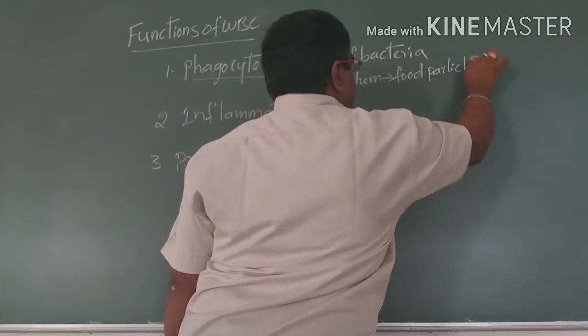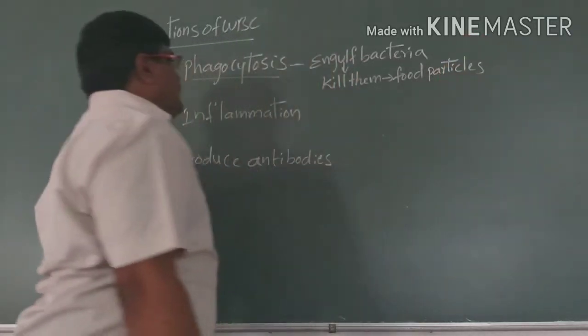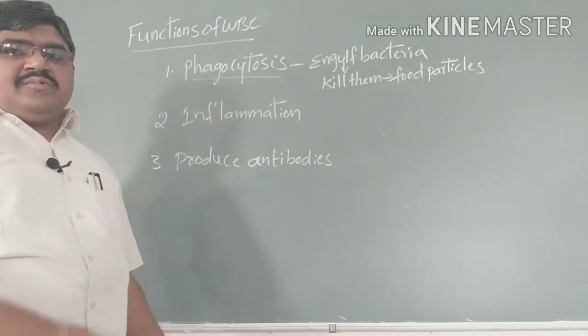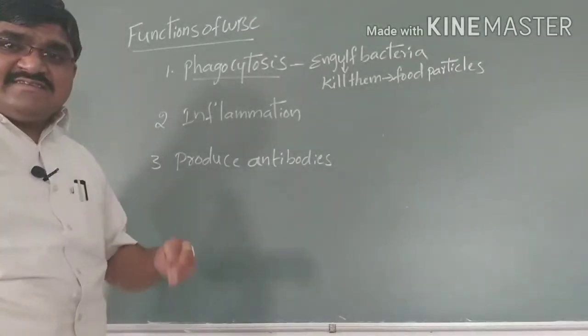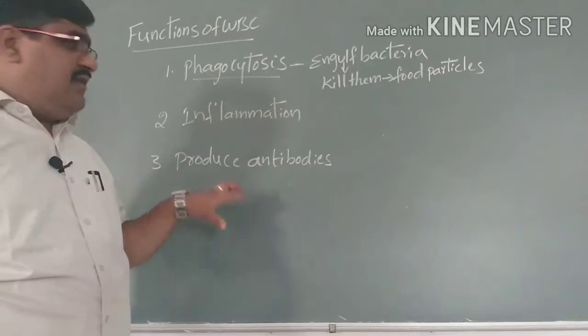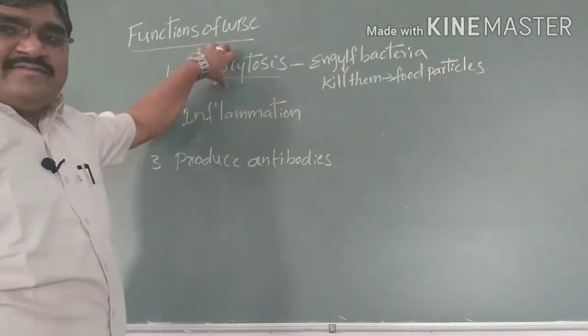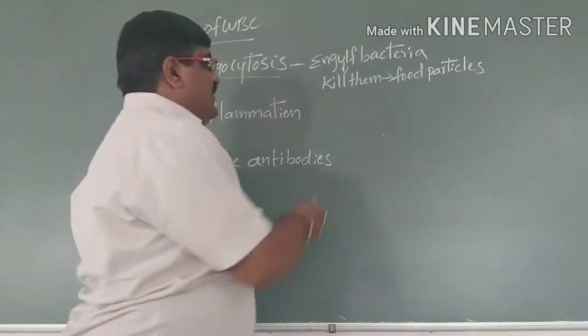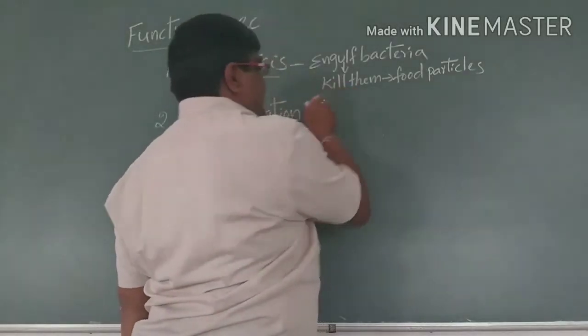Such a process we call phagocytosis. The monocytes and the neutrophils are helpful for phagocytosis.